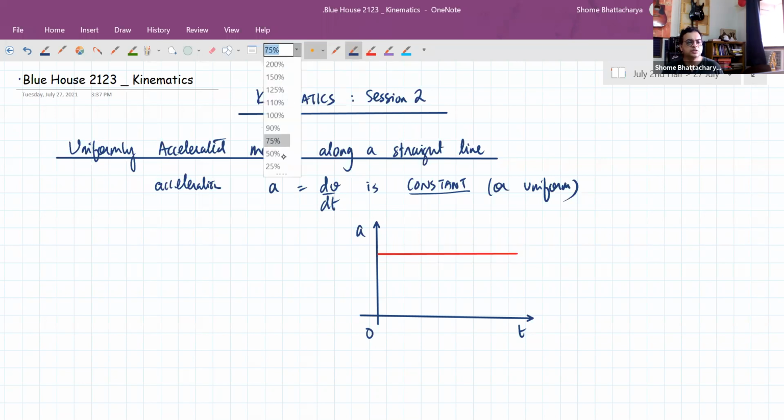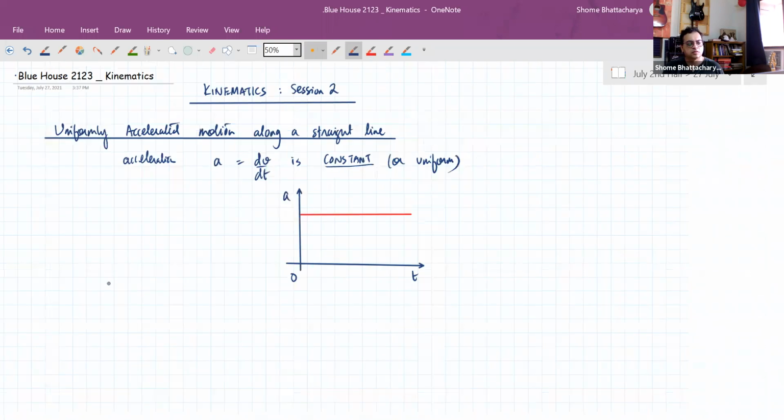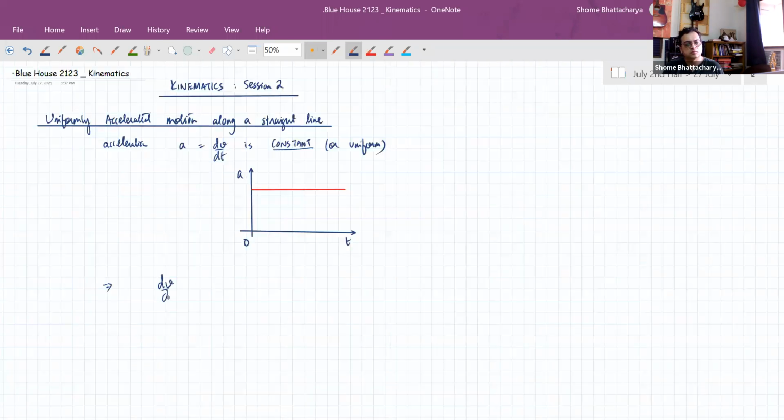Now what that immediately means is that if the rate of change is constant, then if I cross multiply the time and integrate this, at t equal to 0, suppose the initial velocity was u.